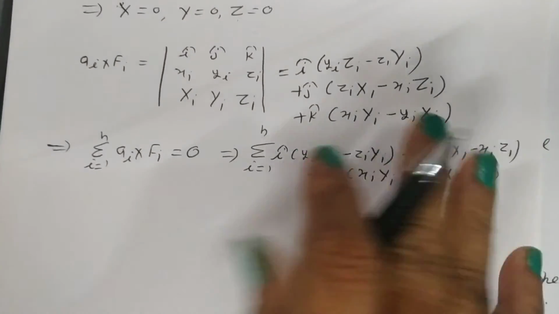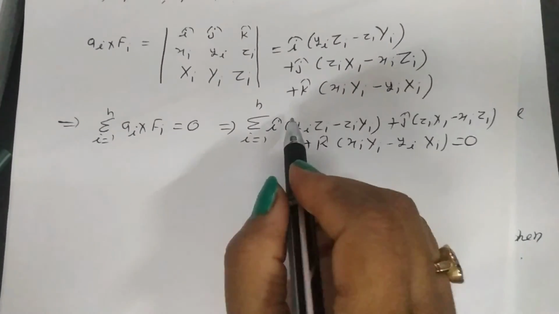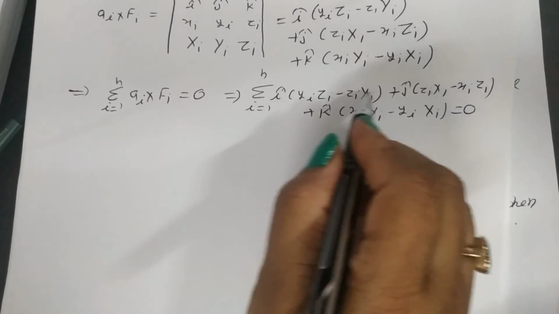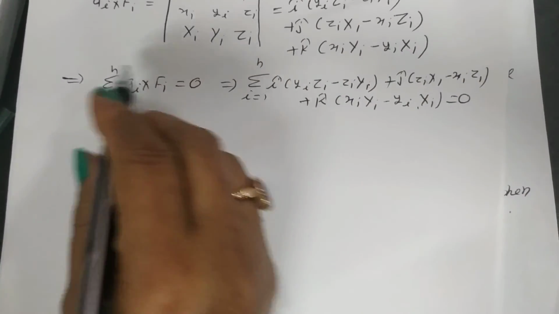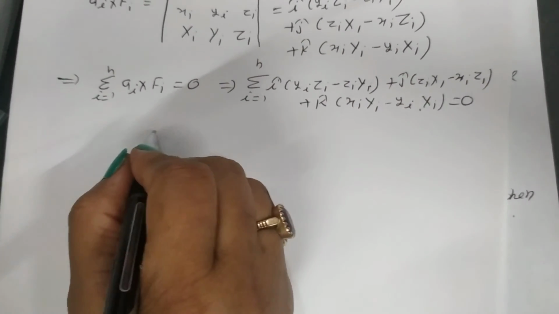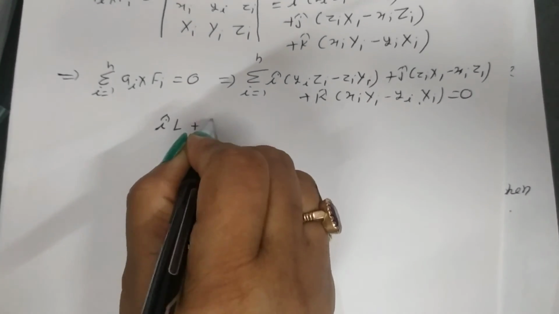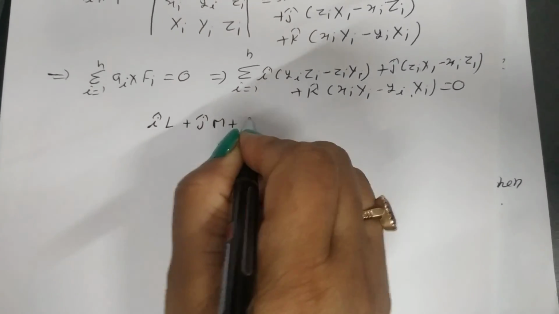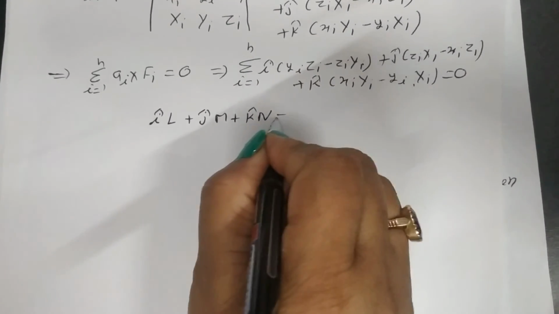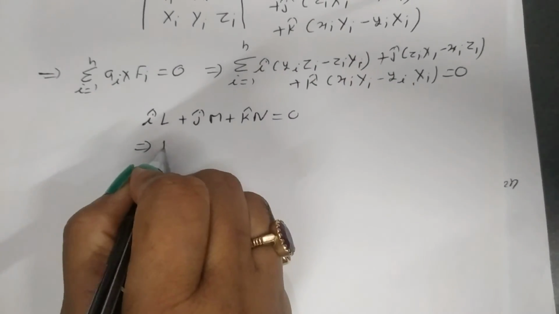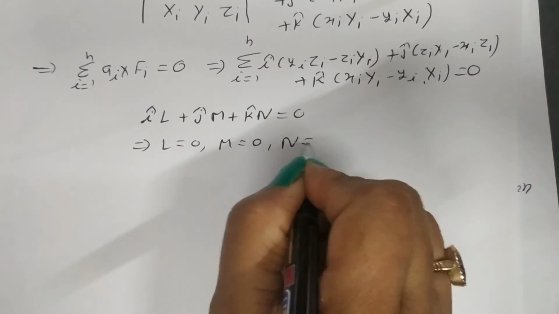This is equal to 0. Let us suppose that these terms are L, M and N. Then this can be written as i L plus j M plus k N, which is equal to 0. This implies that L is equal to 0, M is equal to 0, and N is equal to 0.